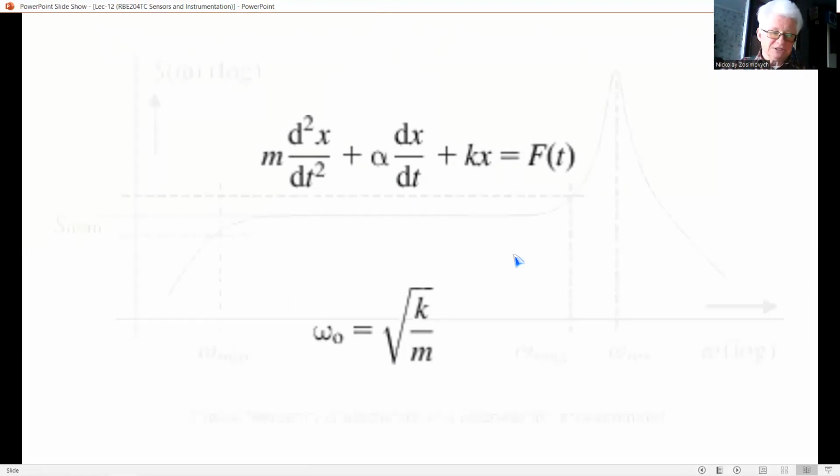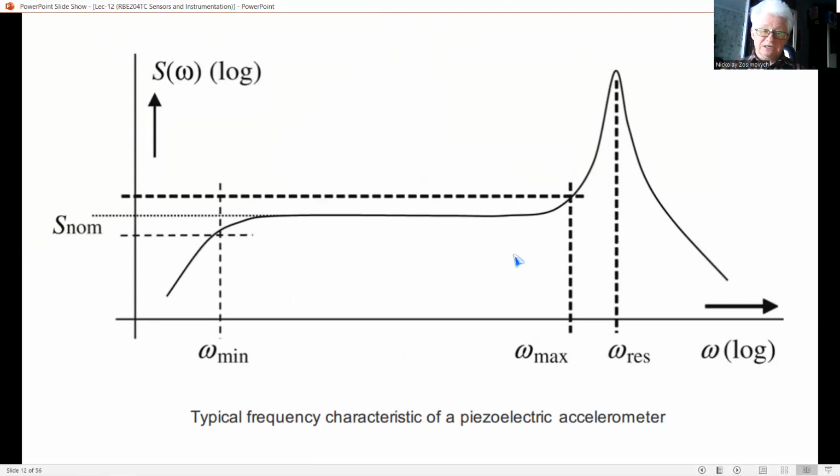The damping constant of a piezoelectric accelerometer is usually very small. In that case, the damped resonance frequency omega in this figure is close to omega naught.